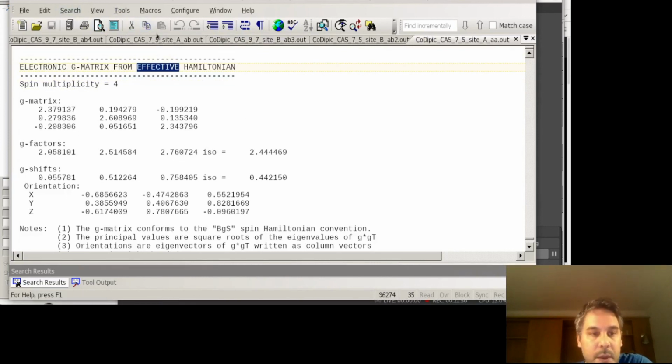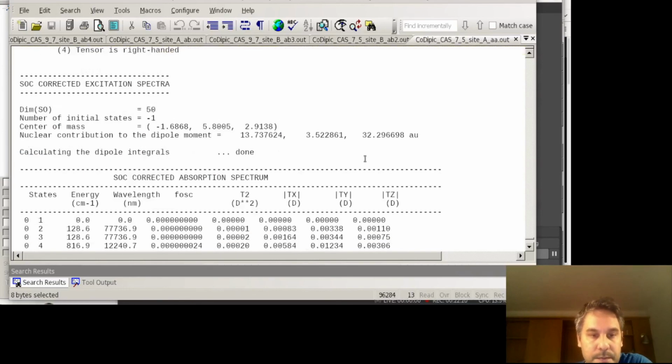The other was the effective G matrix associated with the pseudo spin or effective spin 1/2. The people who have studied high spin ions will know what I'm talking about. If not, I will talk in a future video about magnetic properties of high spin cobalt and similar ions. So the G matrix is 2.05, 2.51, 2.76. Again, reasonable results.